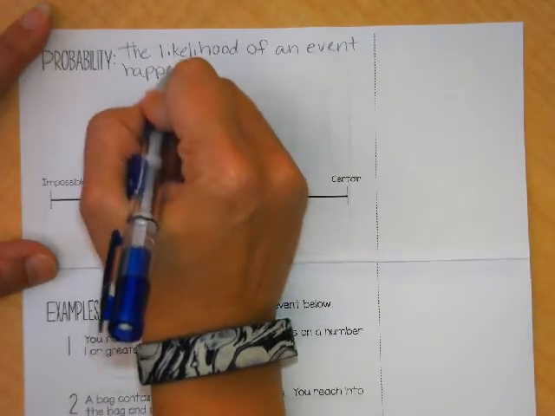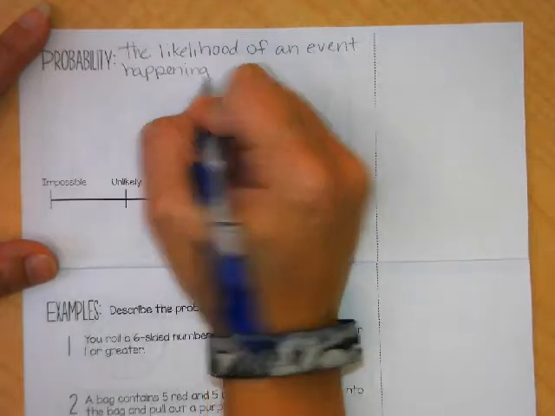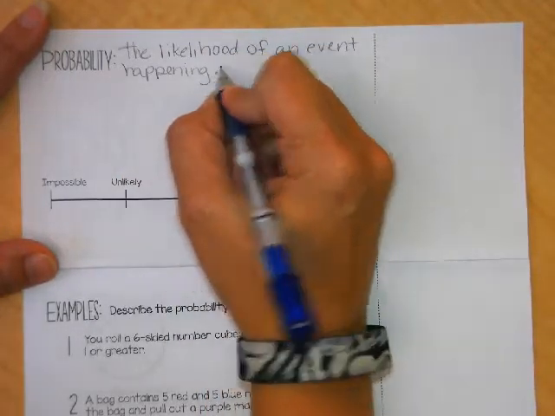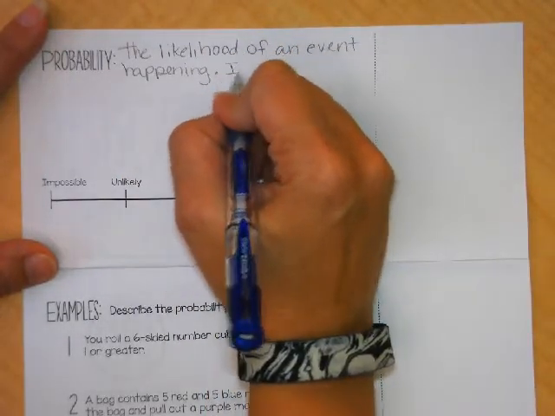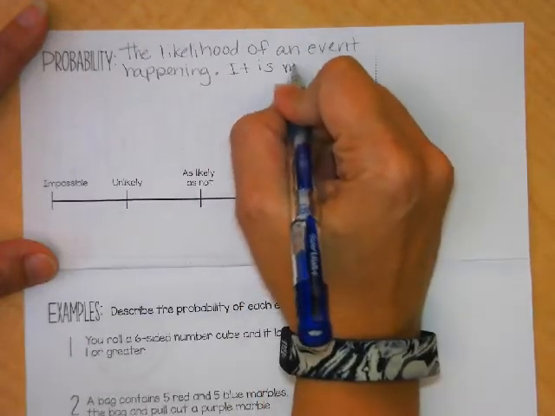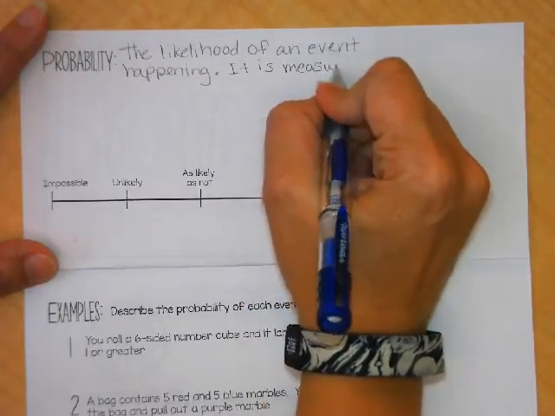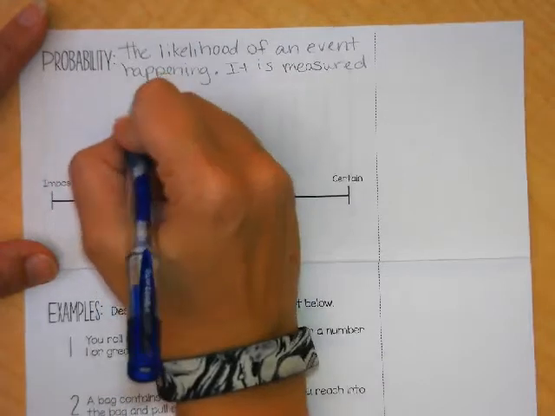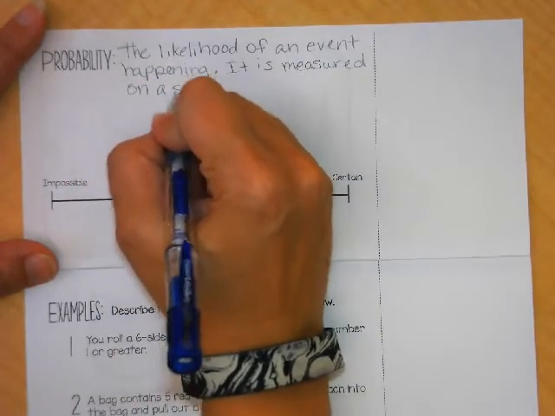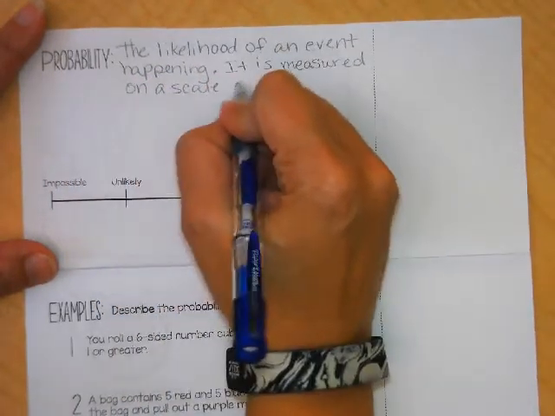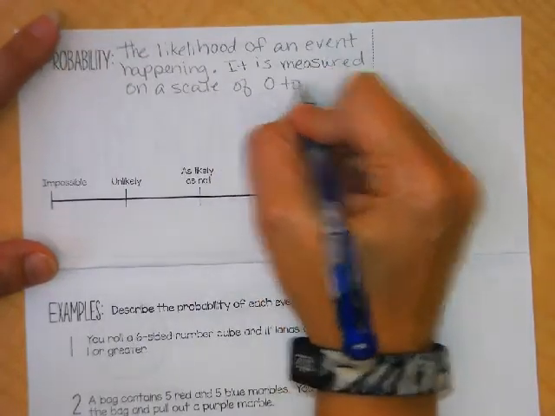All right, when we talk about the likelihood of something happening, we measure it on a scale of 1 to 100, or I'm sorry, of 0 to 1, I apologize.